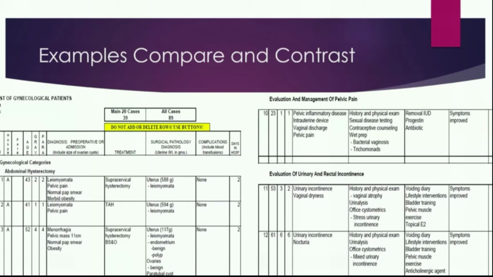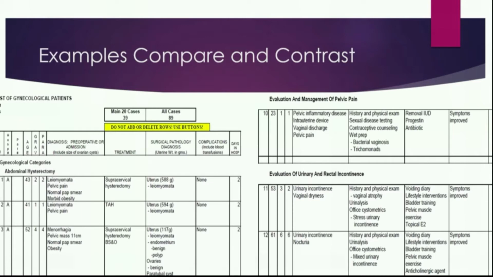I did not have a morcellator in this case, and these uteruses were too big to do a vaginal hysterectomy. My preference is not to do a supracervical hysterectomy. However, in this particular case, this lady had morbid obesity, and it was rather difficult, so that's why it was converted. I put that case first because it was important to differentiate why I managed two uteruses with the same pathology with a different surgery.